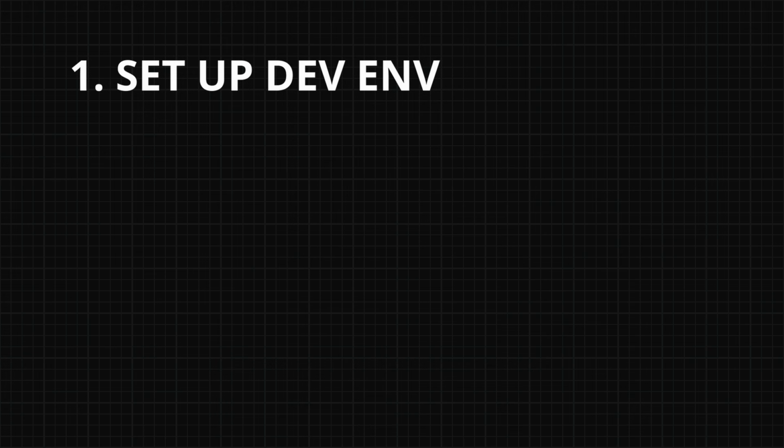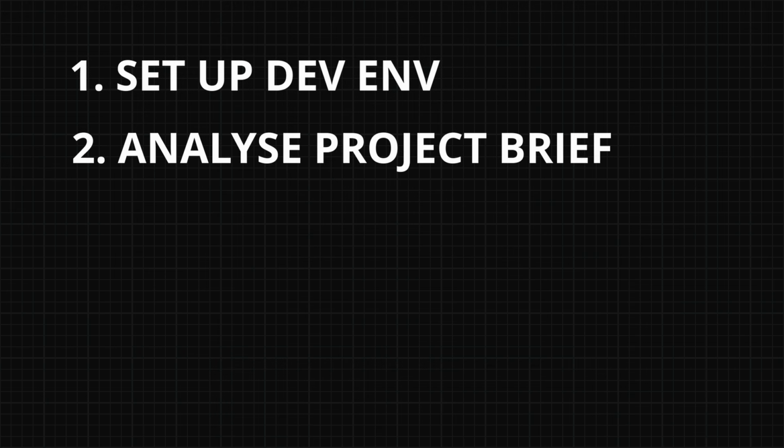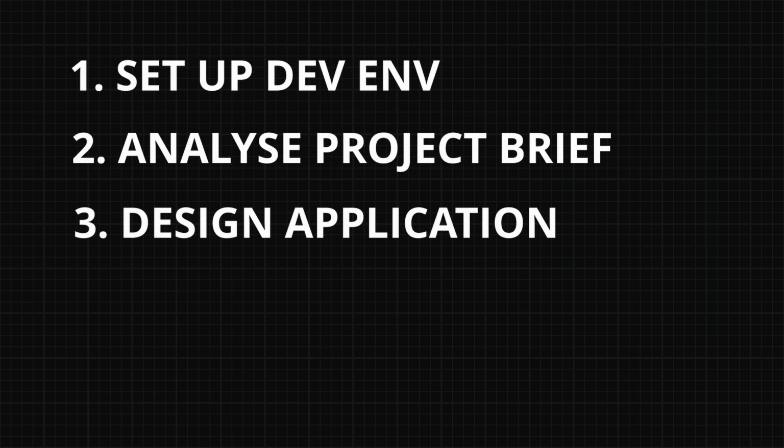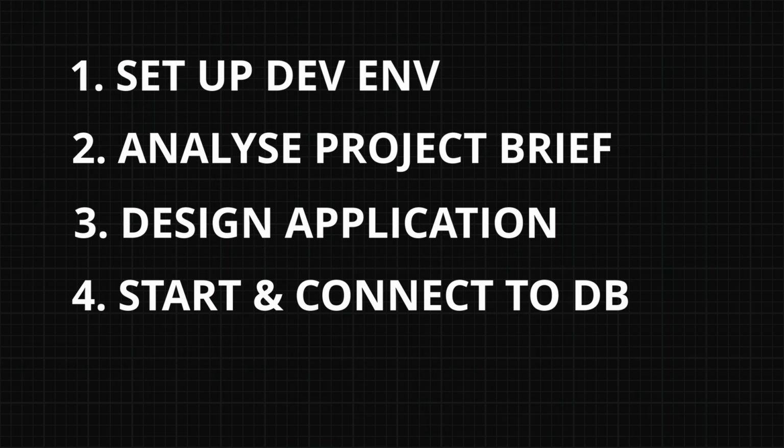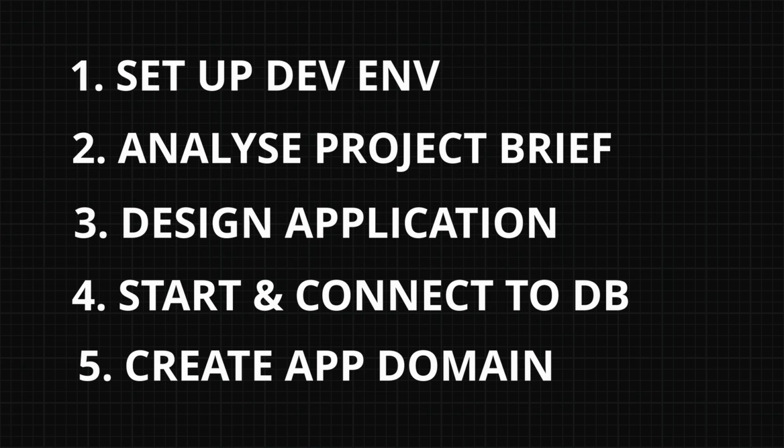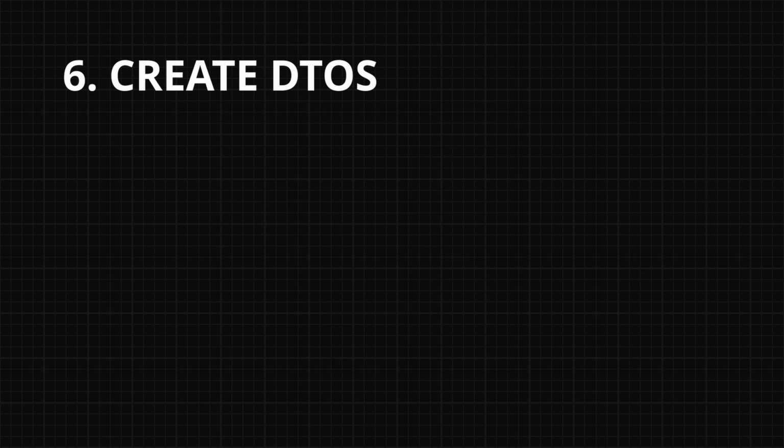This project is focused on building a real Spring Boot application, and over the almost 3 hours, we'll cover quite a lot, including setting up your development environment, analyzing the project brief, designing the application, starting up and connecting to a PostgreSQL database using Docker, creating the application's domain, including database mappings and relationships, creating data transfer objects, or DTOs.